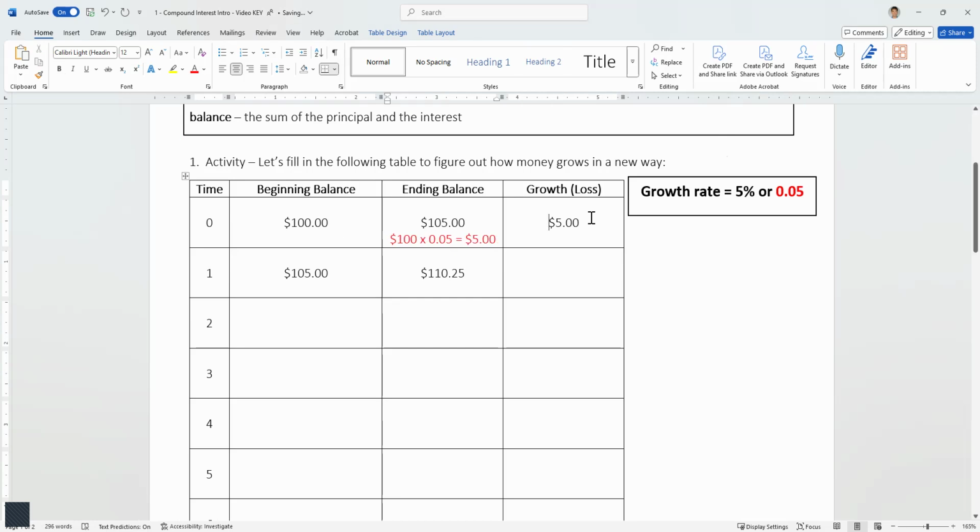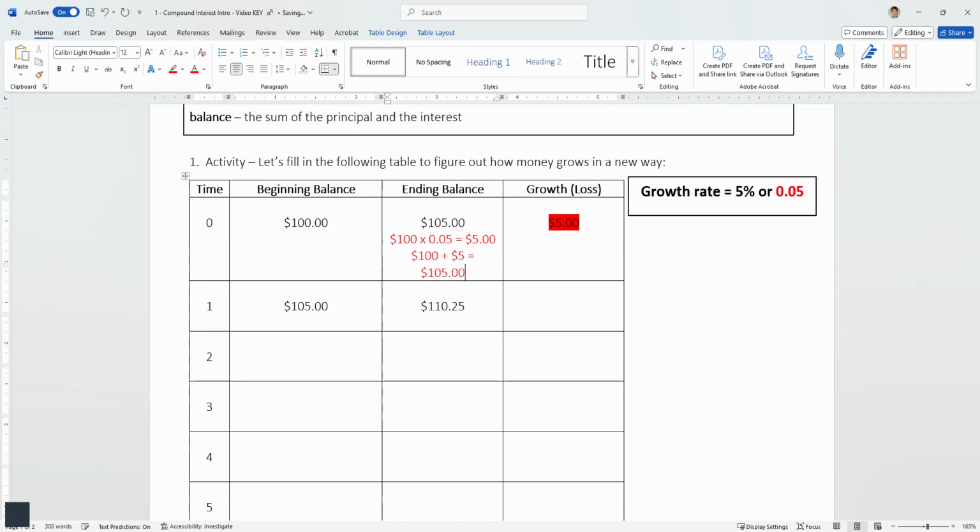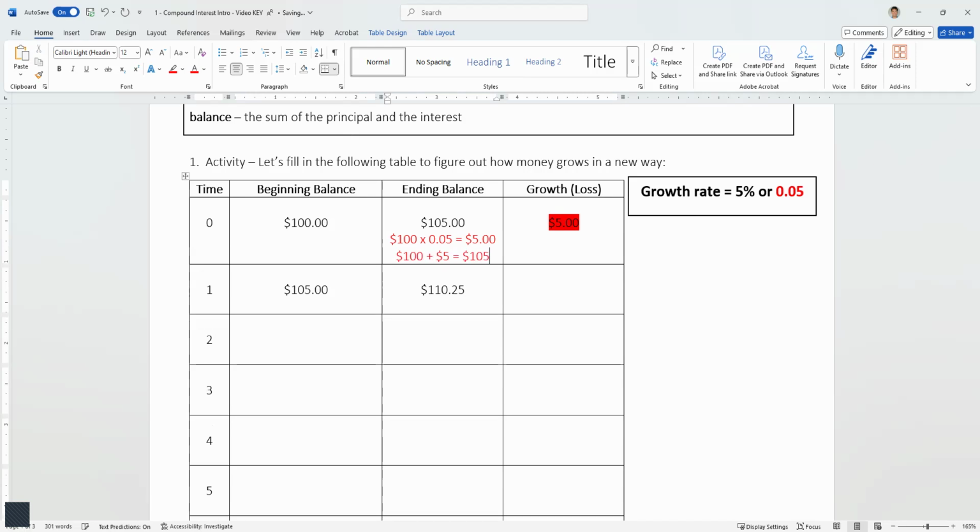And you'll see right here that I have that $5. That's right there. So that's where that $5 is coming from. That's the growth. And then obviously at the end of this, we're going to go ahead and add that back, right, to the $100 base, which is $105. That's how you get the answer. So that shouldn't be anything mind blowing, but there you go. And that's where that 105 is coming from.